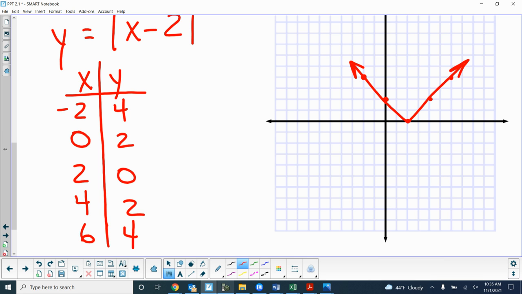When would the upside down V show up? If there's a negative sign in front of your absolute value, it'll look like an upside down V. Now, if you want to do that in your calculator, you can do that.